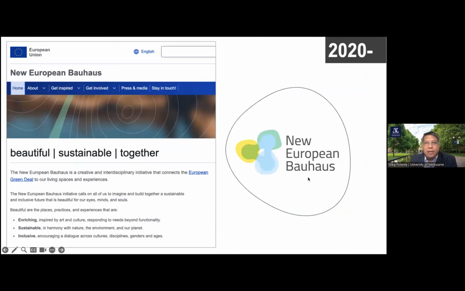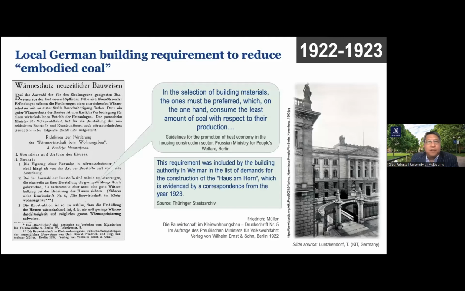Now, you may have heard of the New European Bauhaus, which was an initiative in Europe in 2020. And the idea, of course, is to be sustainable using the principles of the original Bauhaus developed in Weimar in Germany. I go back to that period because 100 years ago, the local German building requirement was to reduce embodied coal.